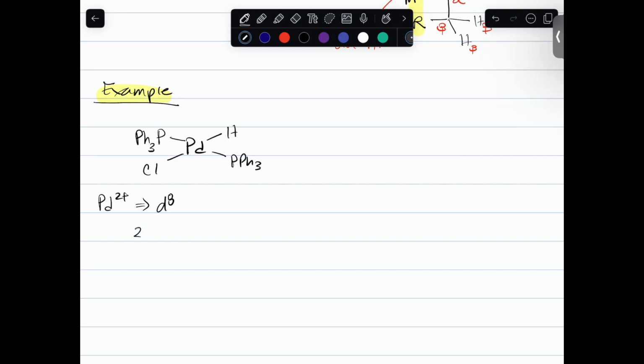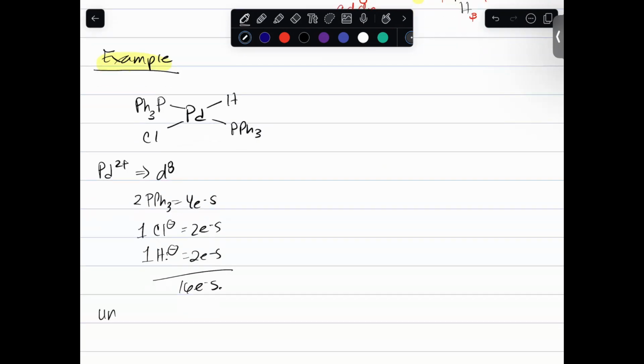for a total of, there's 2 triphenylphosphines, 4 electrons, 1 halogen, 2 electrons, and 1 hydride source, 2 electrons, 16 electrons. This is an unsaturated system.